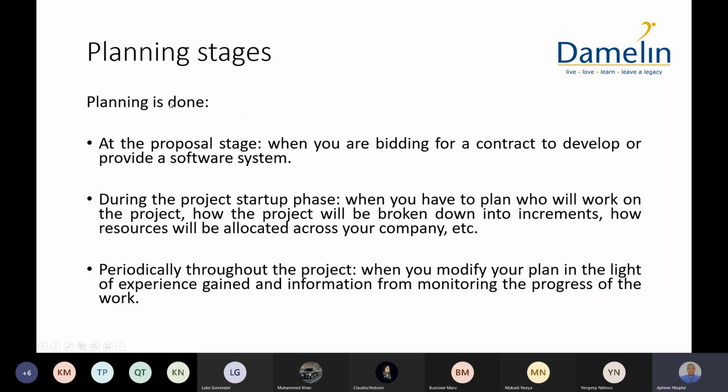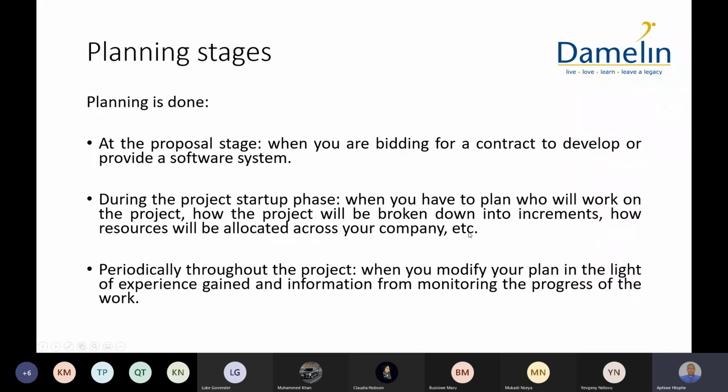So we have these different stages at which the planning is done. The planning is done initially when we're initiating the project, which I said in the previous slides, it's referred to as a proposal. So at the proposal stage, we do planning. During the project startup phase, you have to plan who will work on the project, how the project will be broken down into increments, how resources will be allocated across your company.